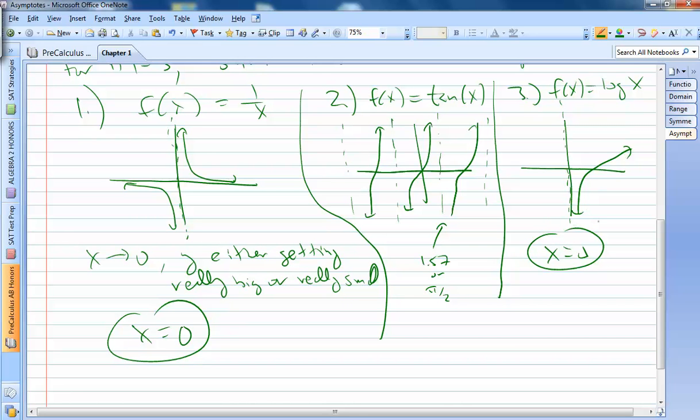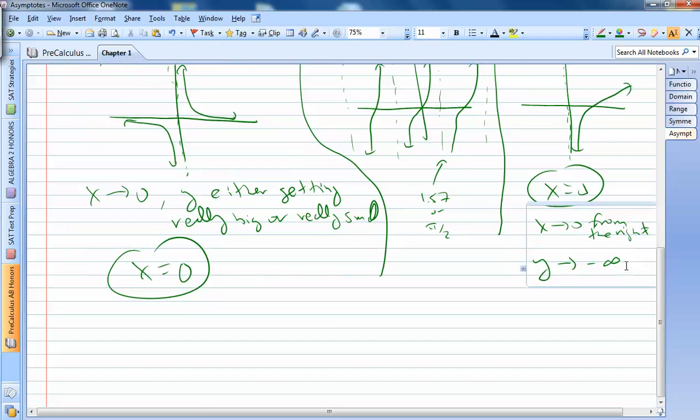Reason being is that if you're plugging values very close to 0, like 0.1, 0.01, 0.001, you find that y gets close to negative infinity. So when x approaches 0 from the right, y is approaching negative infinity. Let's do a couple more examples so we can end the video here.